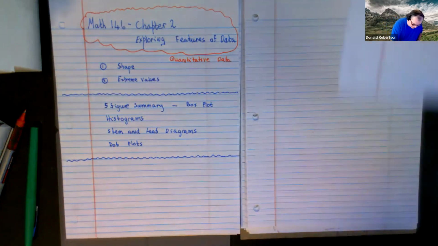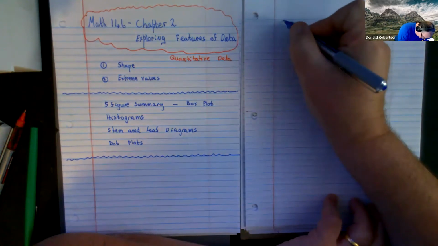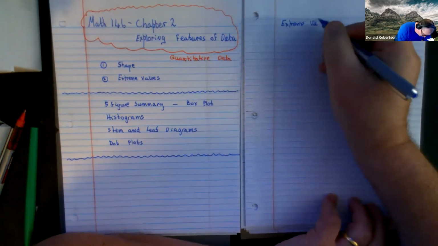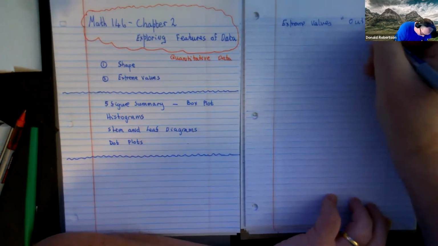Right. Now, let's look at this thing called extreme values. We use the term outliers.